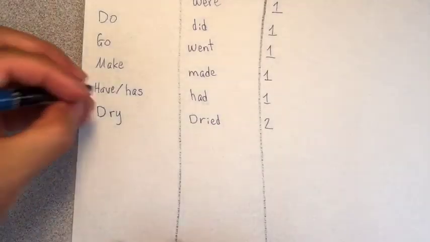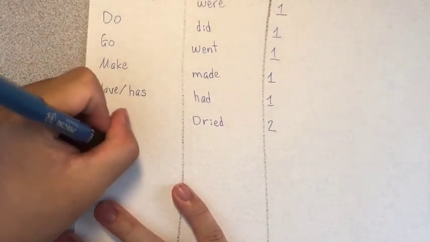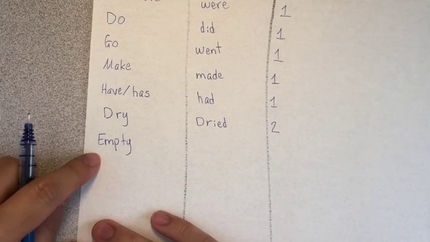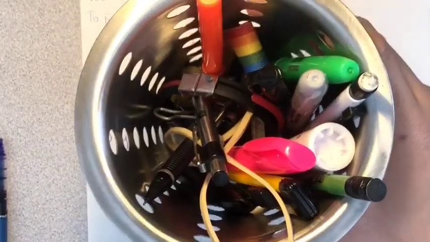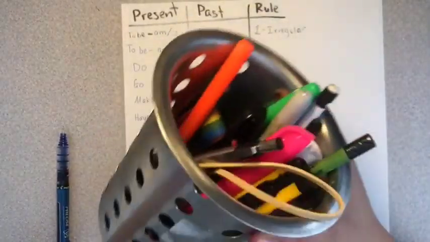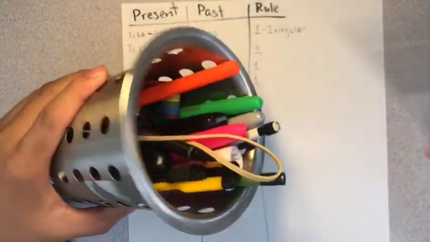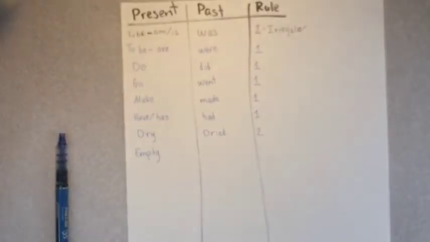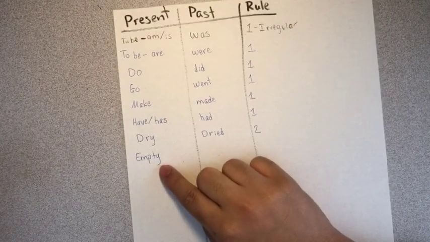And then we have the word empty. If you empty something, you take everything out of it. So this is a big container of pens. If I empty this container, I take everything out. All of this goes out. I empty the container. I can empty the trash. I take all of the trash out.